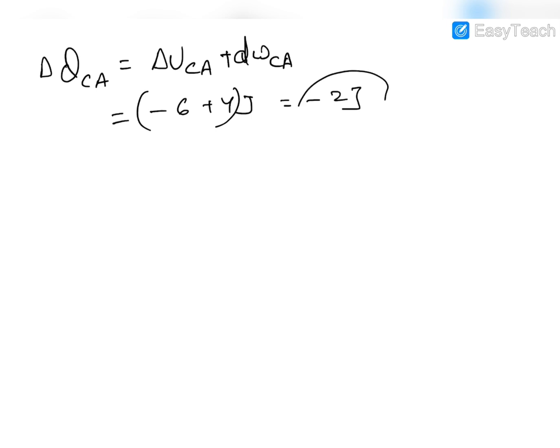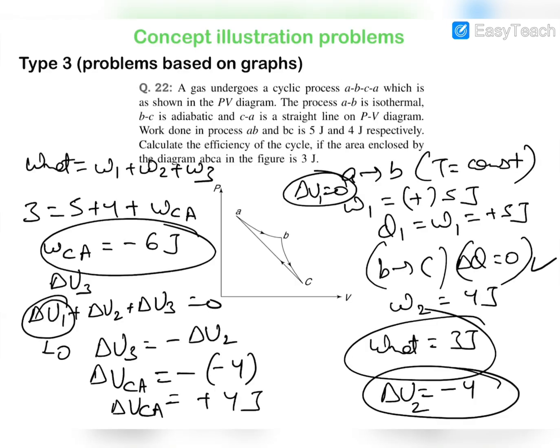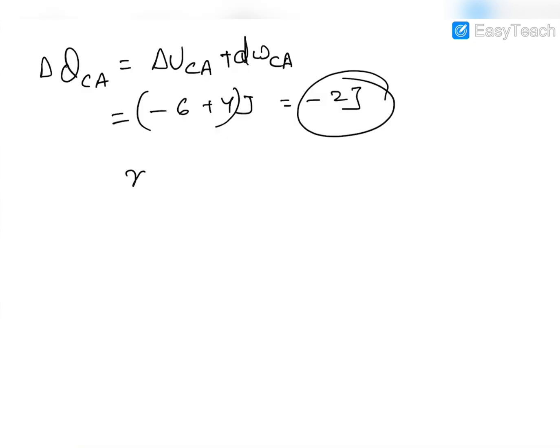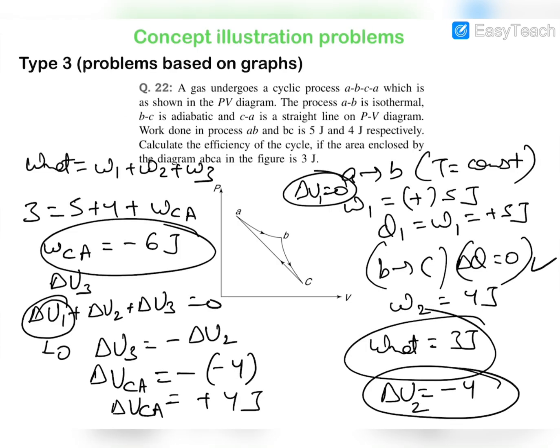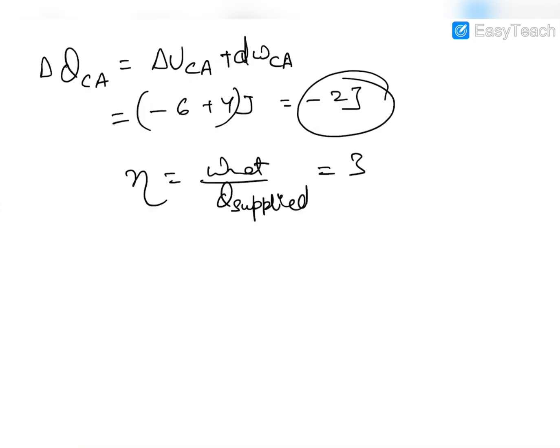Okay, which is negative, hence it is extracted by the gas, and the efficiency will be net work done upon heat supplied, and heat is positive only in the first case. So net work done is 3 and the supplied heat is just 5 joules. So it would be 3 by 5 and therefore efficiency in percentage will be 60%.